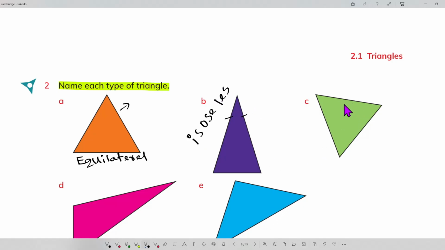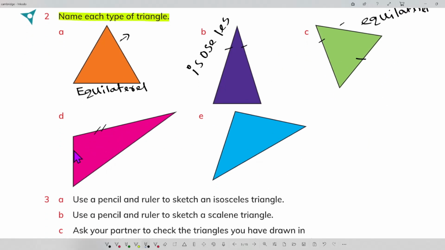And number C also, all the sides are equal, so it's equilateral. Number D, here this side, this side, these sides are not equal, so scalene. And this one also, look, this one and this one and this one are different, so this one is also scalene. Okay, number 2 done.